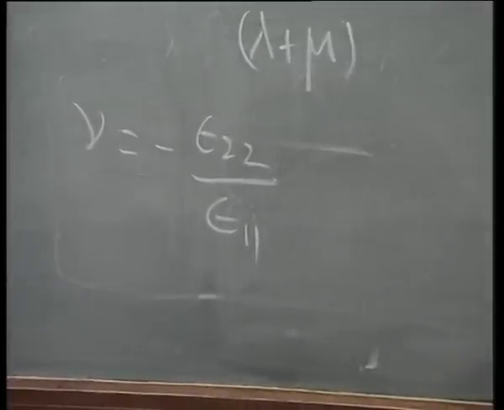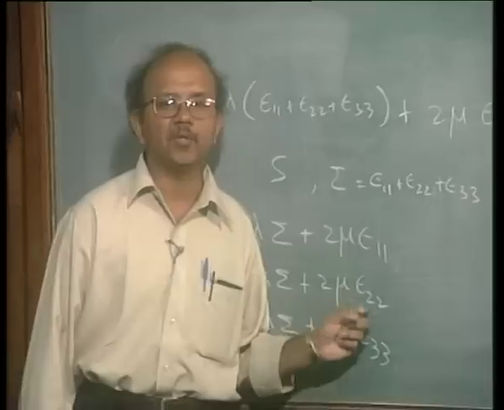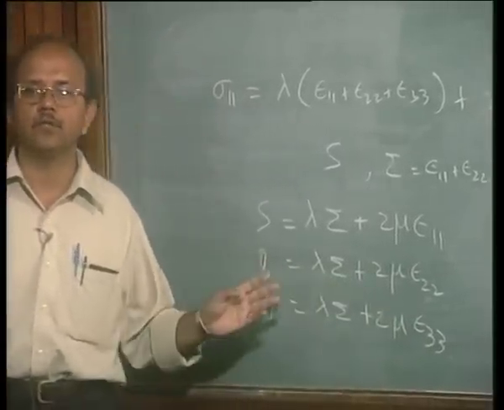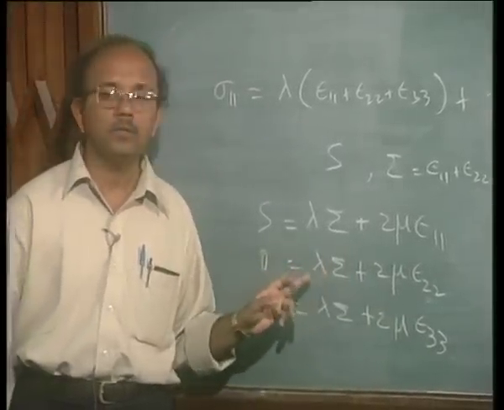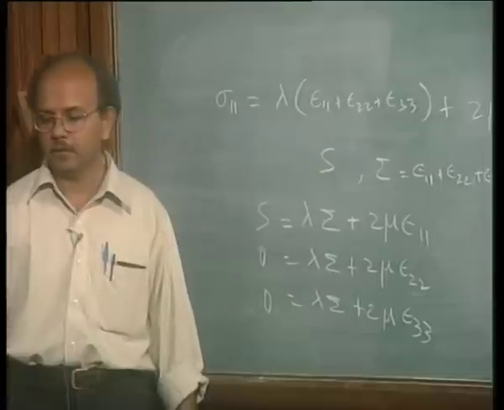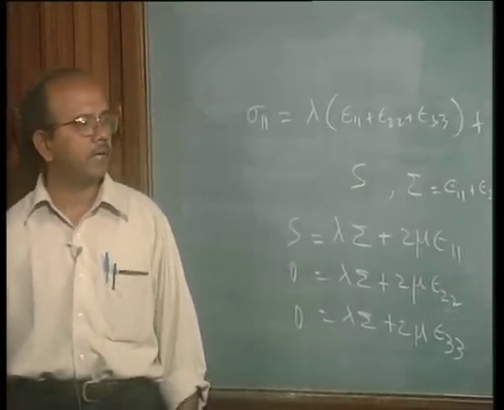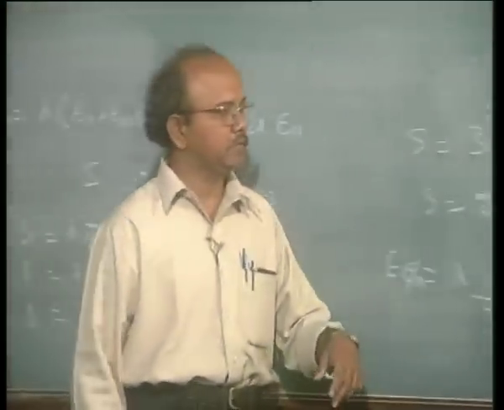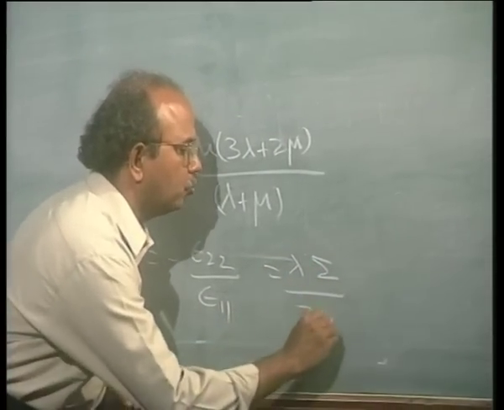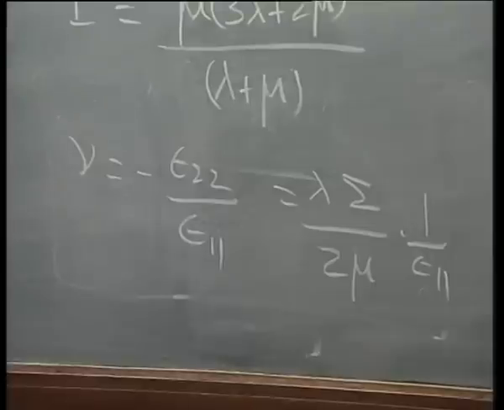Now let me get epsilon 22 from the second equation, because this is equal to 0. So epsilon 22 is equal to minus lambda sigma divided by 2 mu.